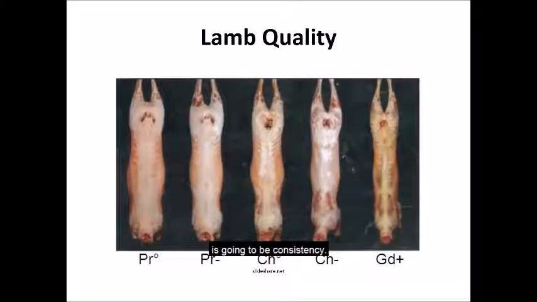Okay. But the most important thing, as I've said before, with lamb quality in terms of customer satisfaction is going to be consistency, because without consistency, it's very difficult to build a brand. It's very difficult to build customer loyalty. And it's very difficult to build any sort of industry to outgrow this small, segmented niche markets that tend to often be very saturated.